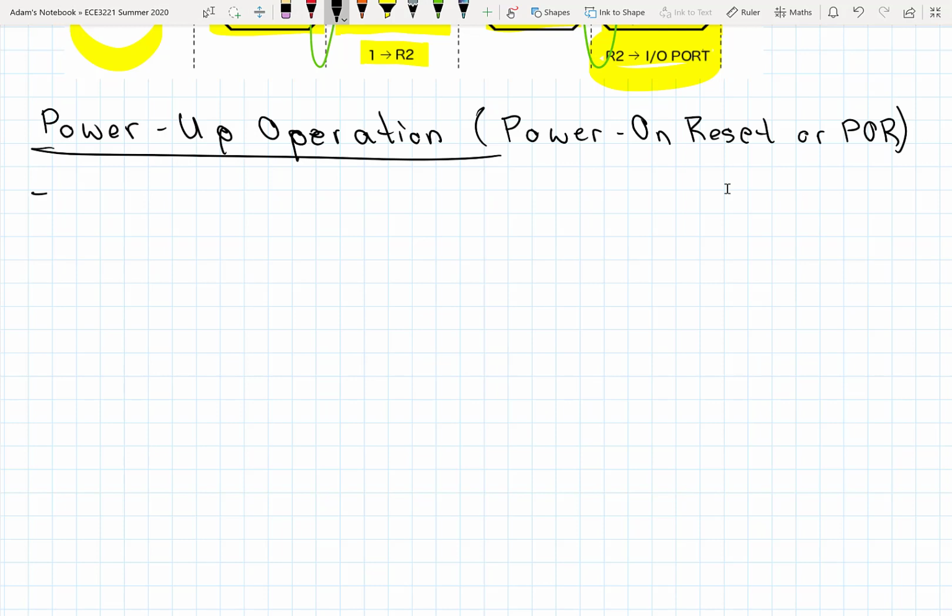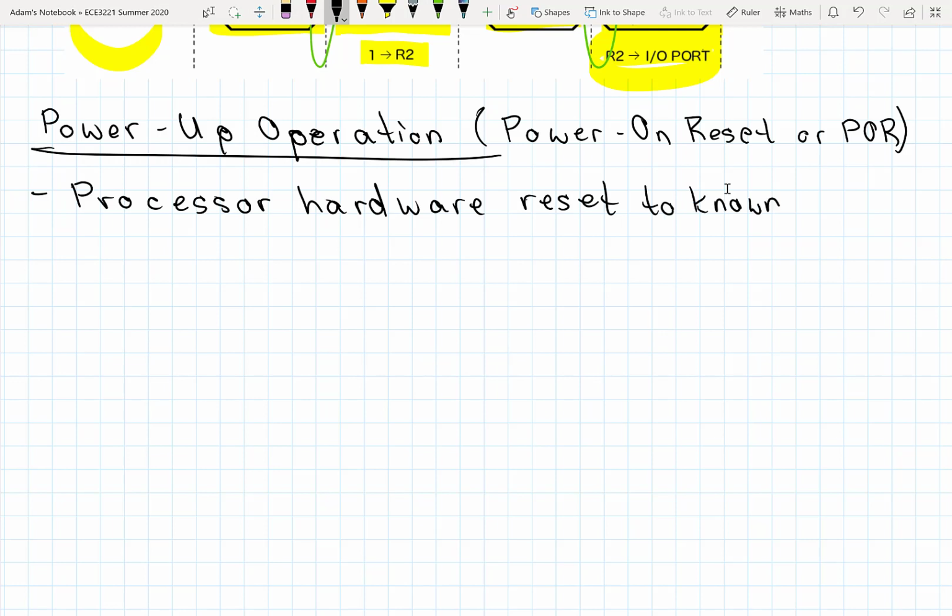So when a processor is first powered on, it is reset to a known state. This is necessary so that we know where we're starting from every time a processor is powered up.